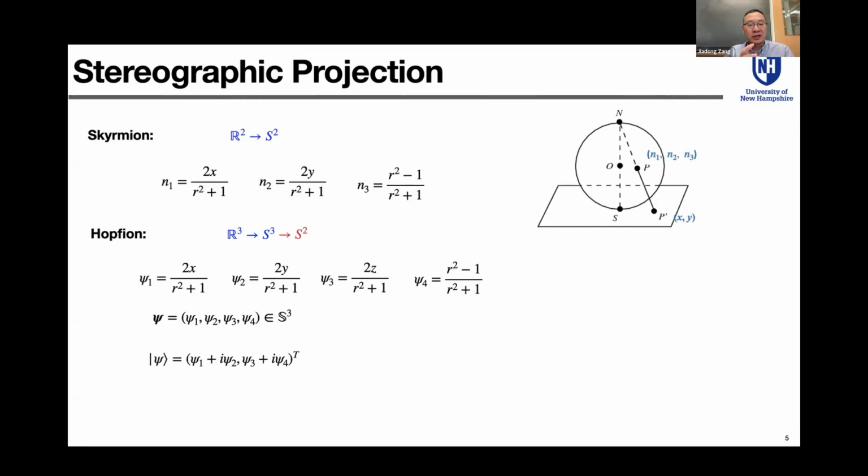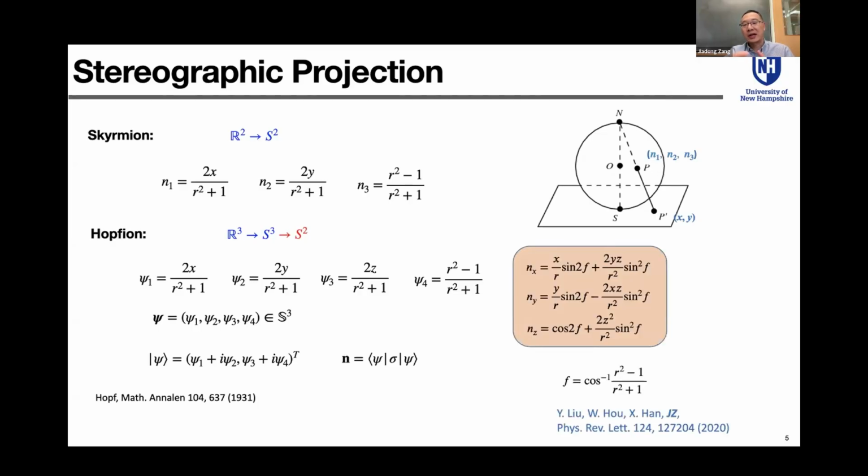Given these four numbers, psi1, psi2, psi3, psi4, we make up this spinor, and then we calculate its expectation value with respect to the three Pauli matrices, and we get three numbers. These are the three components of the spin. In this construction, we can get a Hopfion configuration like this, and these are the distribution of some typical spins. So this is actually a very complicated three-dimensional distribution of the spin.